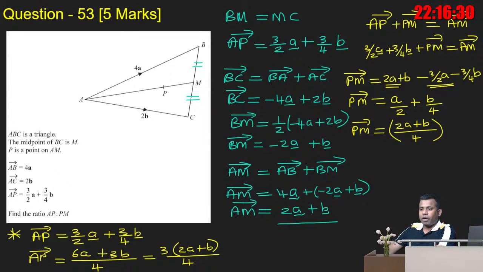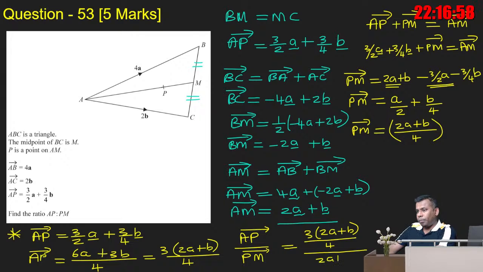Now I am going to do the final step, AP divided by PM. That's what the question is. You may ask why I am doing the division like that. AP vector divided by PM vector: AP is 3 times 2a plus b over 4, divided by 2a plus b over 4.